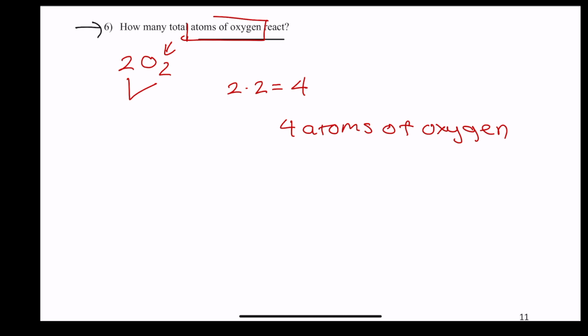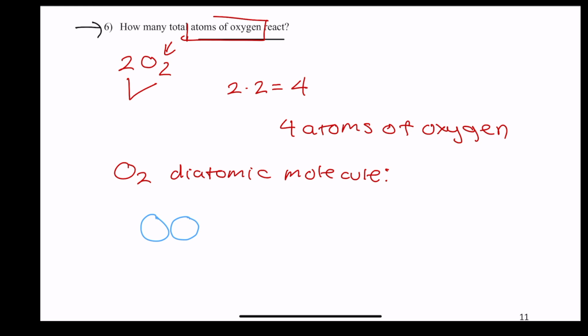Okay, if this doesn't make sense, let me draw these out for you. So a molecule of oxygen is O2 because it's a diatomic molecule. They always come in pair. So a pair of oxygen is usually blue, I think. You just pair it up. Those are oxygen. So there's 2 oxygen here. Now in the reaction, they're saying that there's 2 of those.